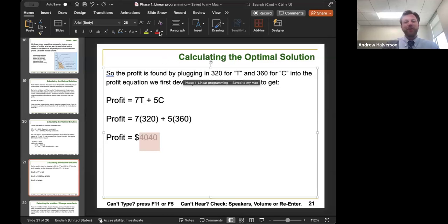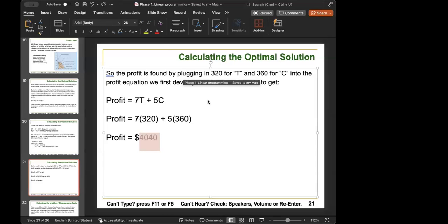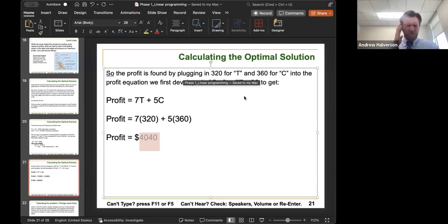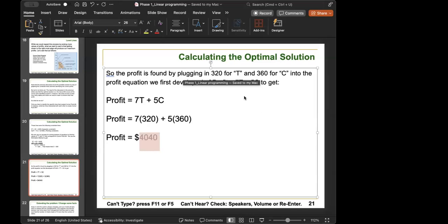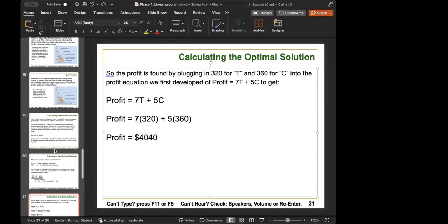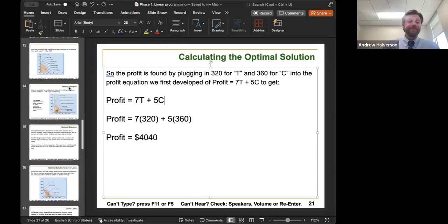Please, I have a question. Yeah, go for it. Why, when you were talking about the variables, is the equal sign the same as the less than or equal to sign?